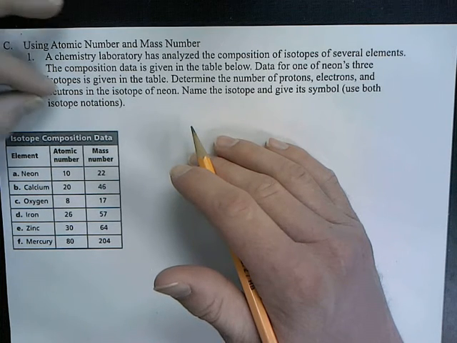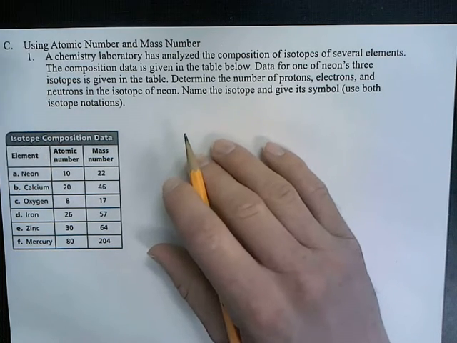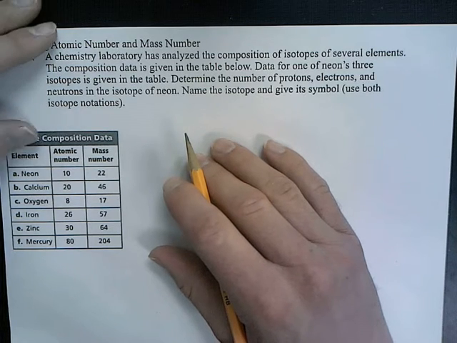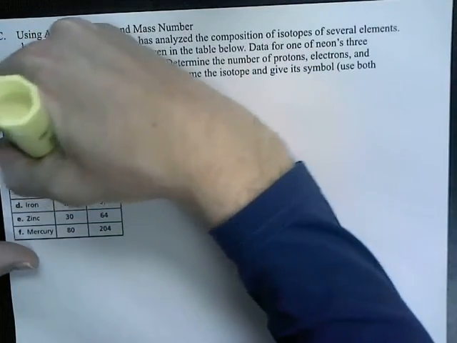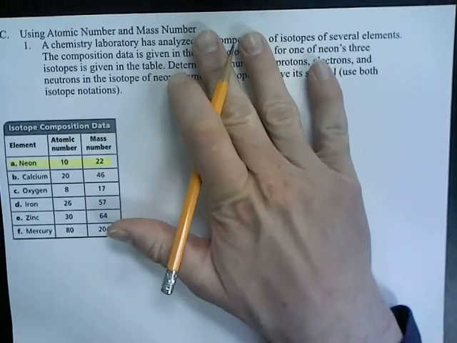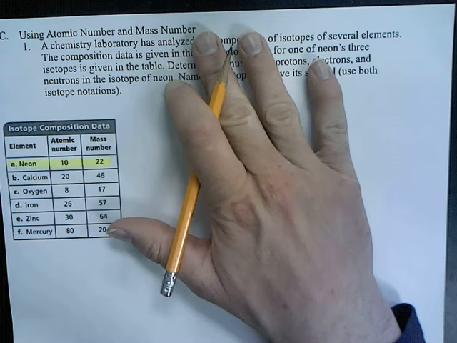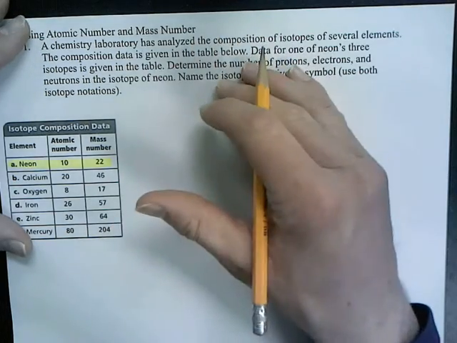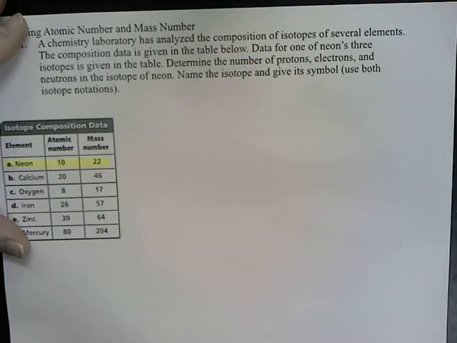So we want to use both of those isotope notations that we just went over in notes. We are dealing with neon, so I'm going to highlight neon here so that we know what we are dealing with.